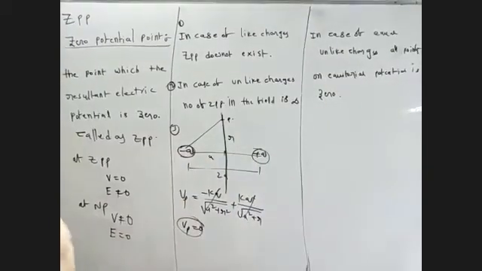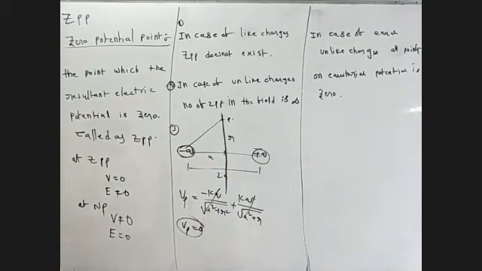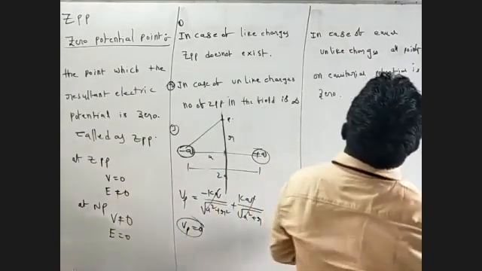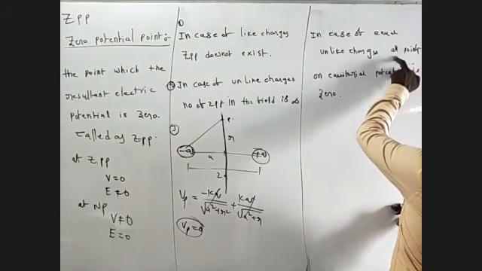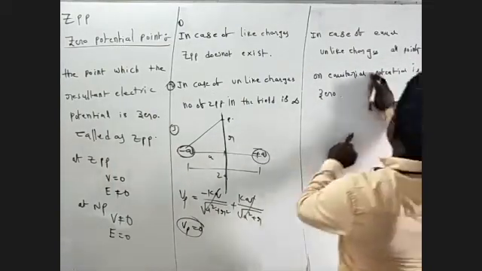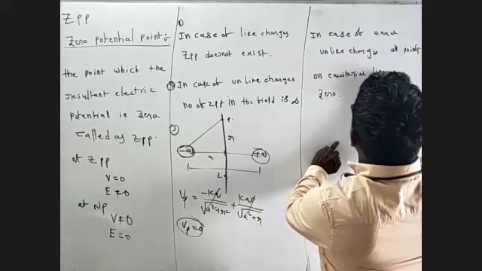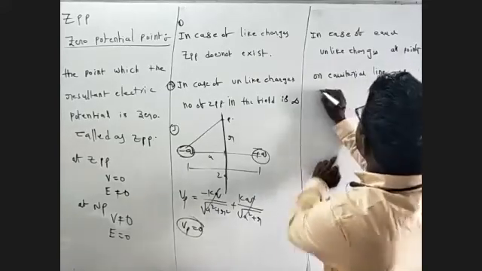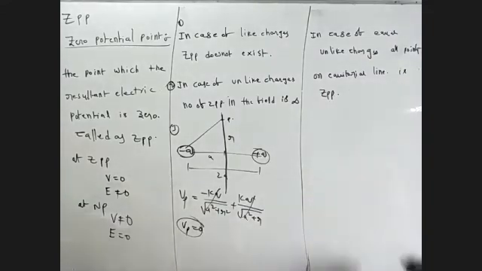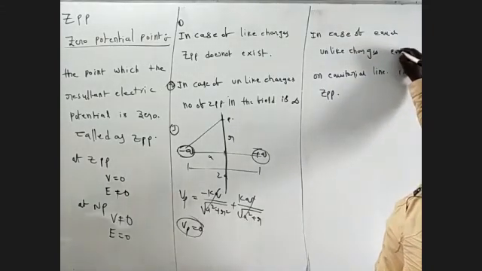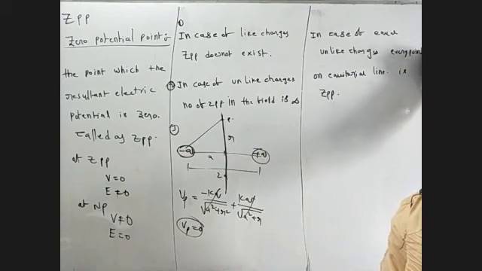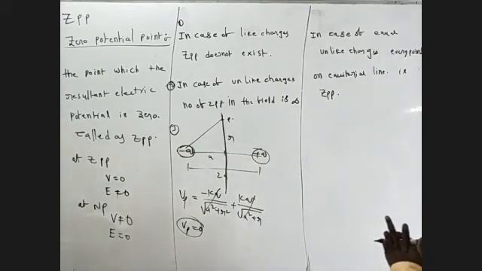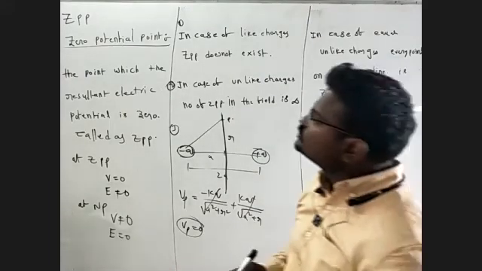That is very, very important. Every point on the equatorial line is ZPP. ZPP means zero potential point.